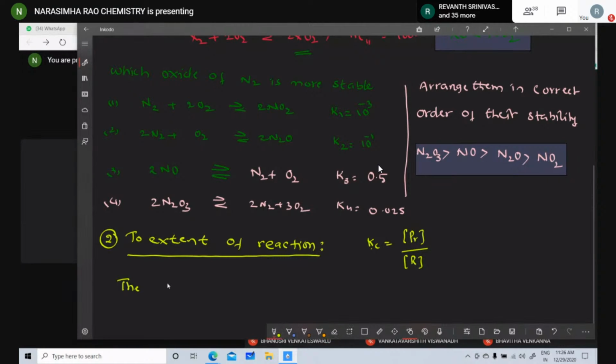If the value of Kc is greater, the concentration of product will be greater.